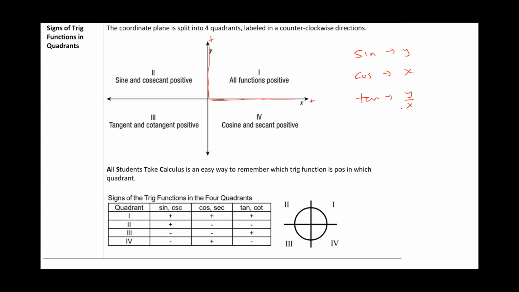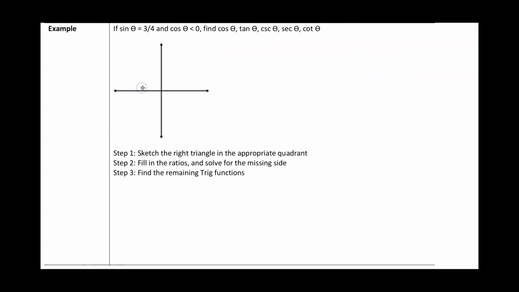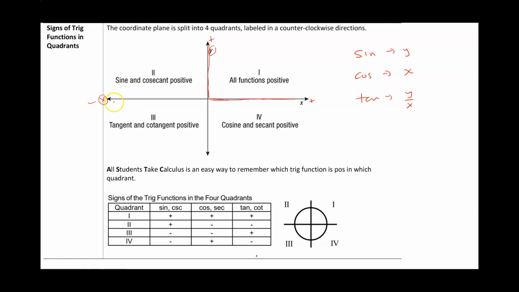So let's take a look at what happens in the second quadrant. In quadrant 2, the y value is positive and the x value is negative. So because we have a positive y value, the sine and cosecant are going to be positive, which means the cosine is associated with the x value, so the cosine will be negative.